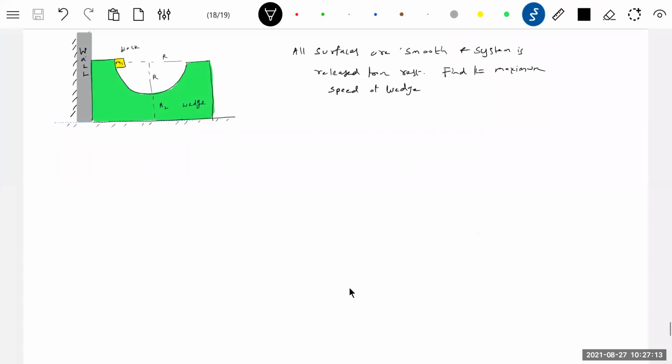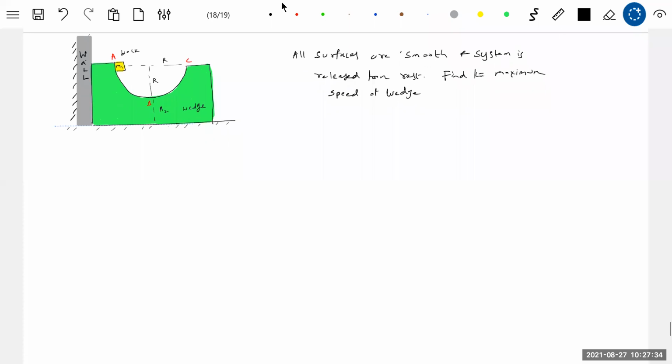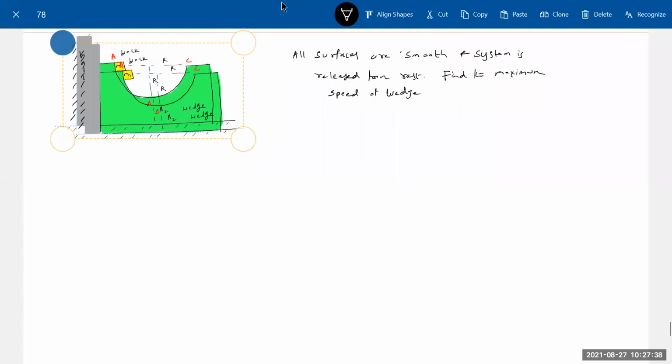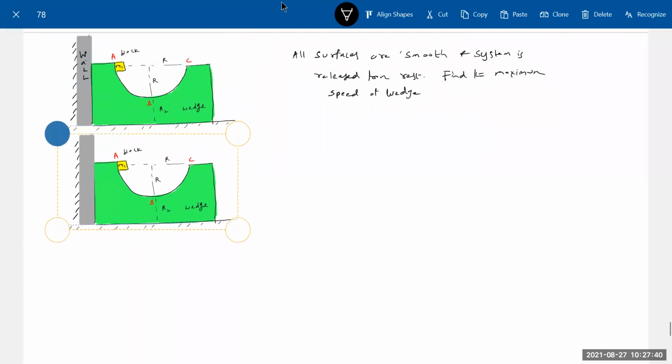As the block moves from A to B, B to C. So let's see that. A, B, C. When the block moves from A to B, the wedge wants to move towards the left. But the wall will not permit, no? The wall is not going to permit.